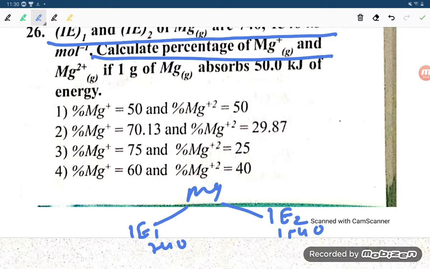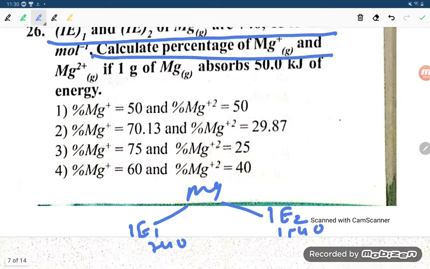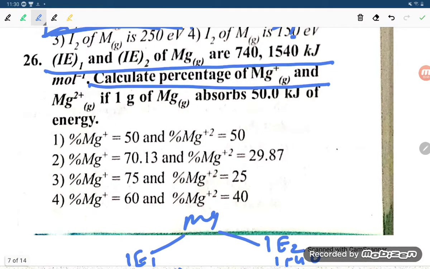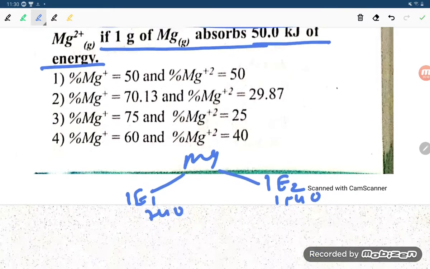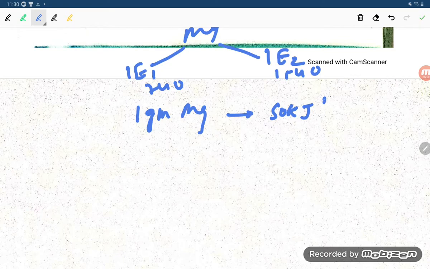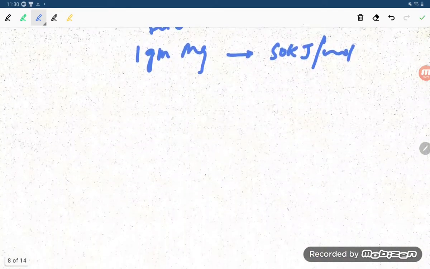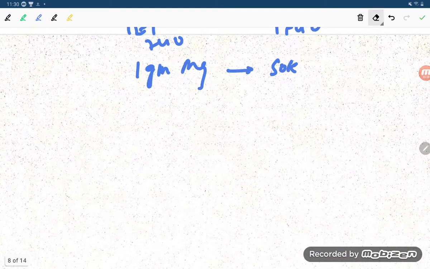So if you talk about 1 gram of magnesium, what is the meaning of 1 gram of magnesium? See student, they are saying if 1 gram of magnesium absorbs 50.0 kilojoule of energy. So 1 gram Mg absorbs how much? 50 kilojoule, not per mole, student, this is 50 kilojoule only.